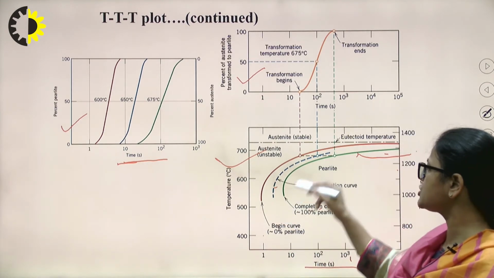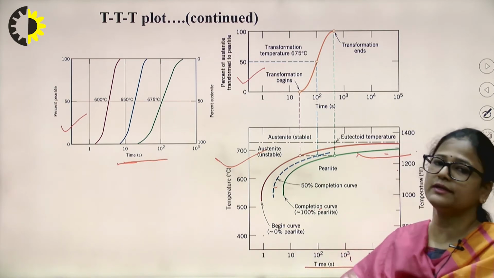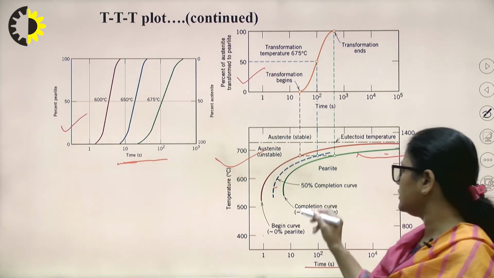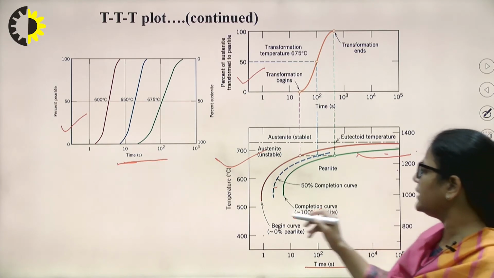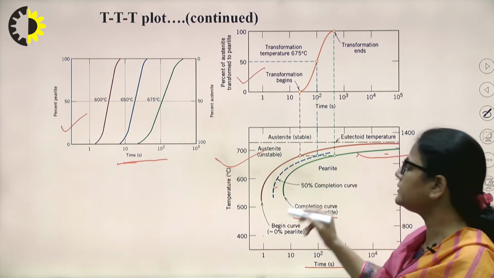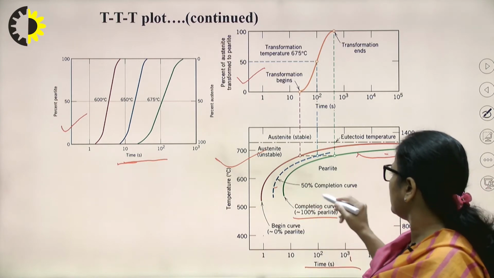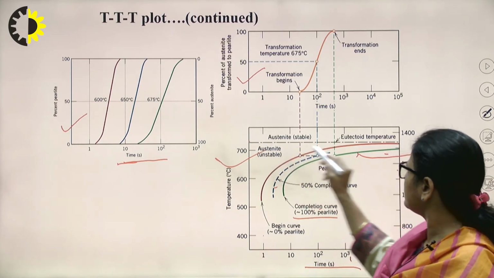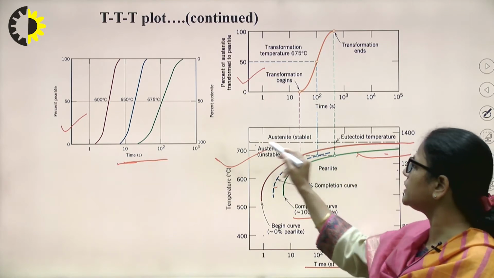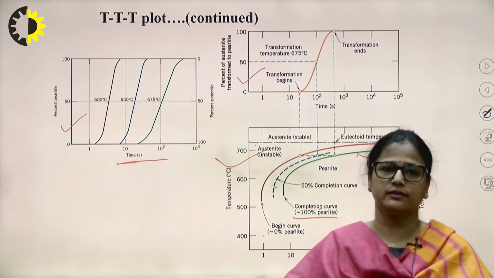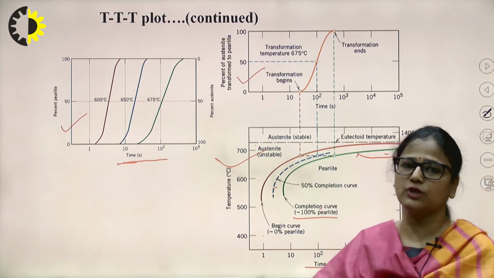This green curve is showing the completion curve, meaning 100% completion of pearlite occurs at this line, and this data is generated at a range of temperatures. This horizontal line at 727 degrees centigrade is showing the eutectoid isotherm line.